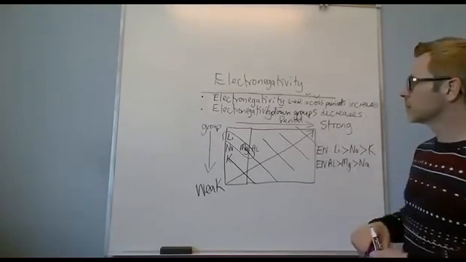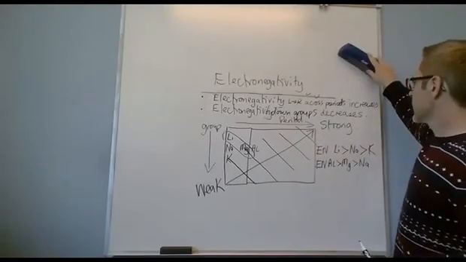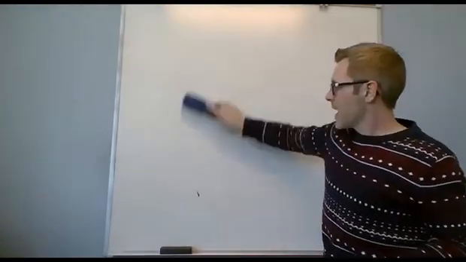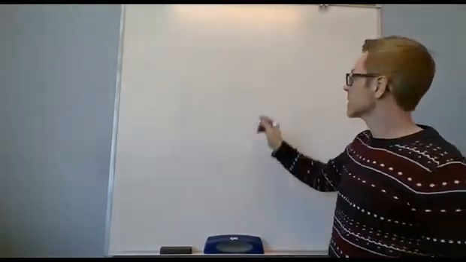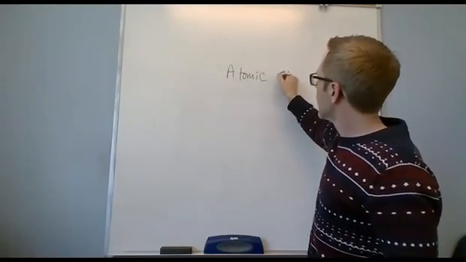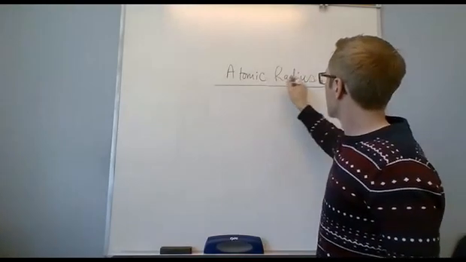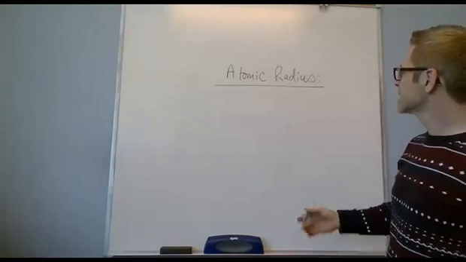But for completeness, let's now look at atomic radius. Atomic radius is different. I won't spoil it. We'll look at the relationship between size and strength in a second. Atomic radius, as it suggests, is size.